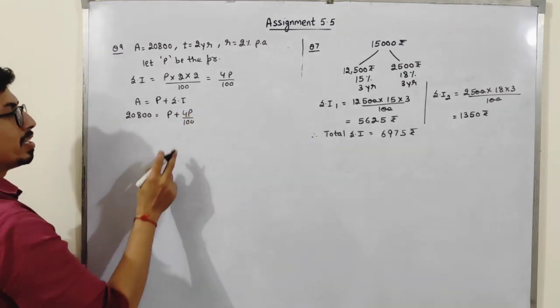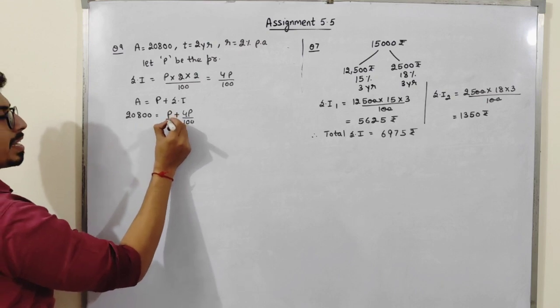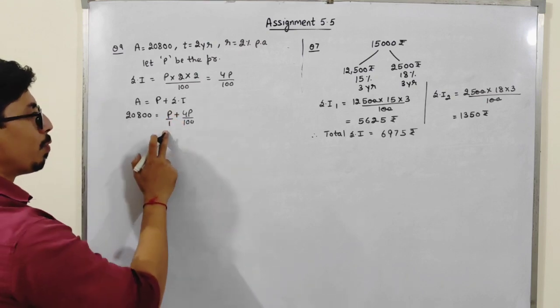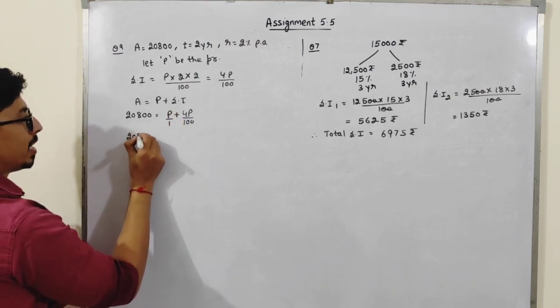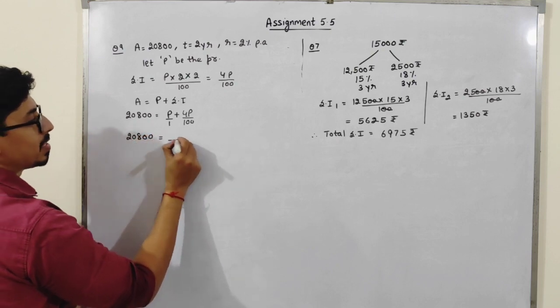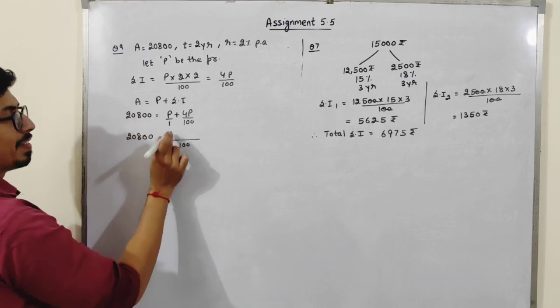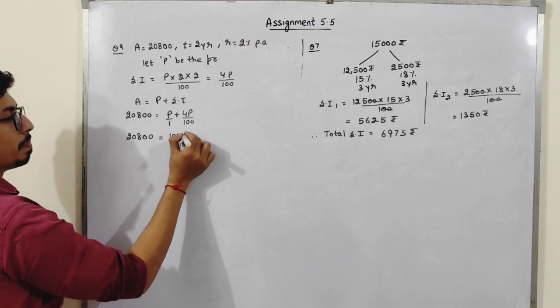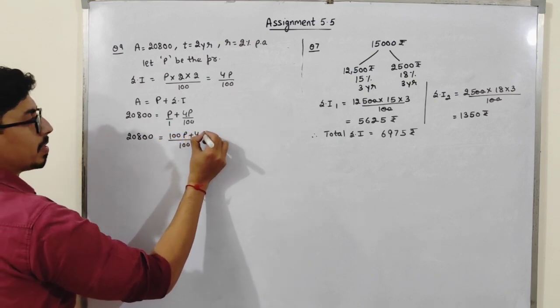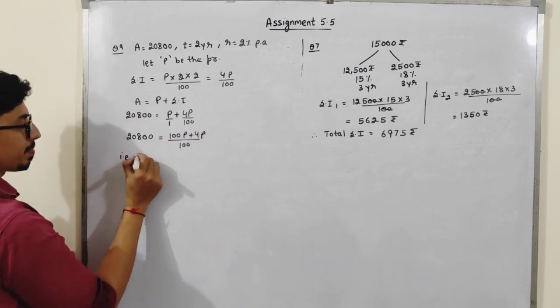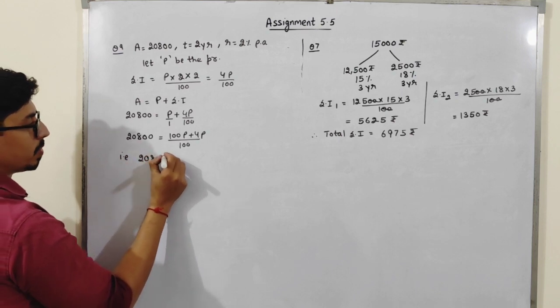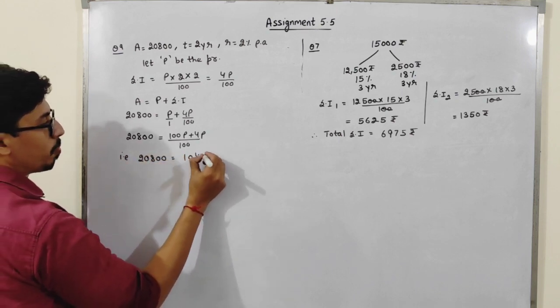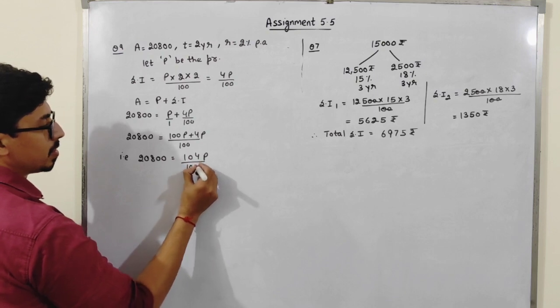Now students, if I take the LCM, P can be written as P by 1. So the LCM of 1 and 100 is 100. So 20800 equals 100P plus 4P divided by 100, that is 104P divided by 100.